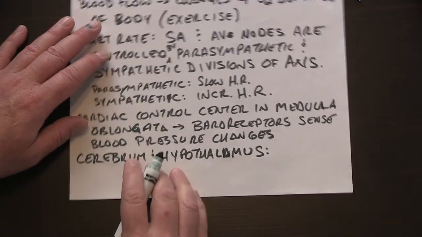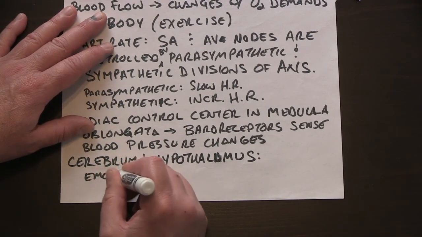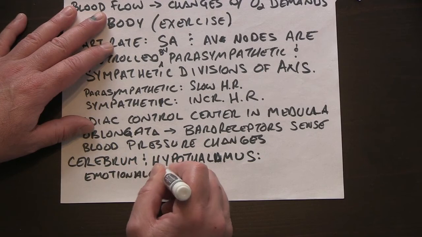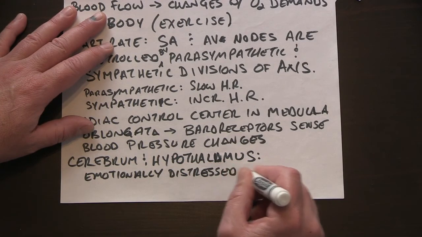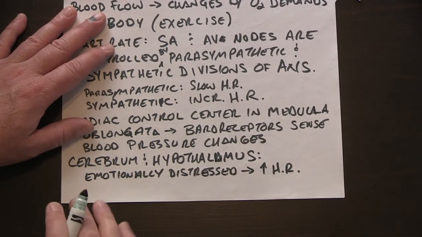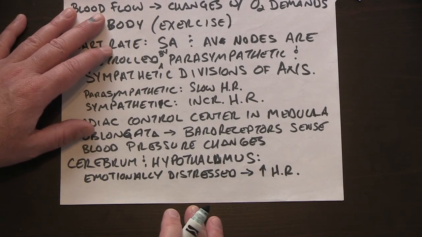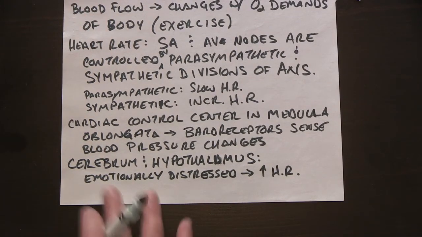So if you're emotionally distressed, guess what? Your heart rate goes up. On the flip side, if you faint, well, then your heart rate will decrease. Okay. It's controlled by those parts of your brain.